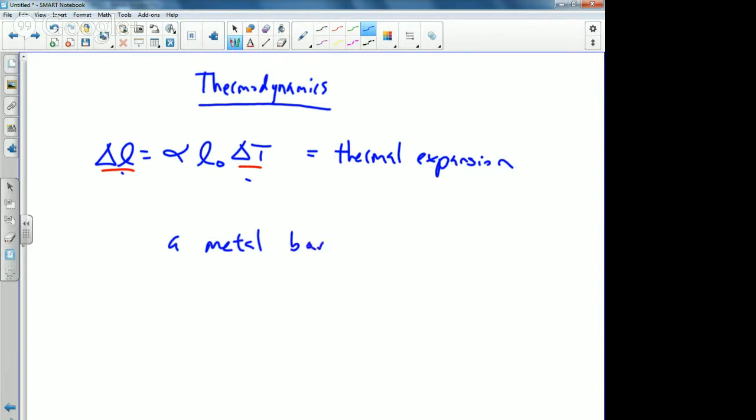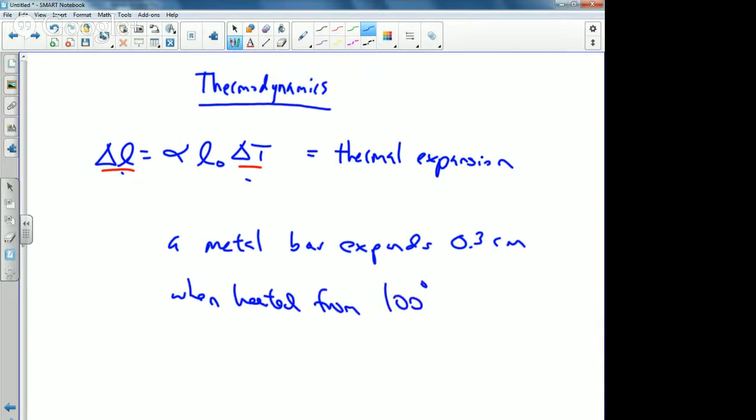A metal bar expands 0.3 centimeters when heated from 100 degrees Celsius to 150 degrees Celsius.